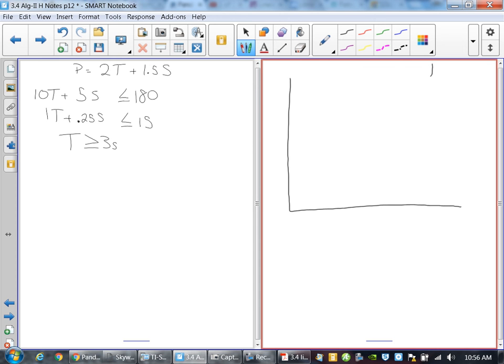So we have tomato, salsa. Intercept at 18 and 36. Cover and solve. Obviously moving inward again.